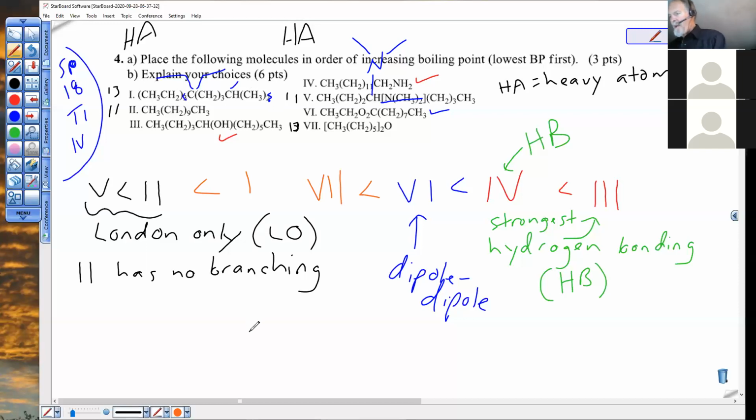So you say these 2 are LO, and you comma, and which one has the branch? The 1. 1 has branching, so the other one has no branching. Well, we can reverse our logic here. 1 is branched more.